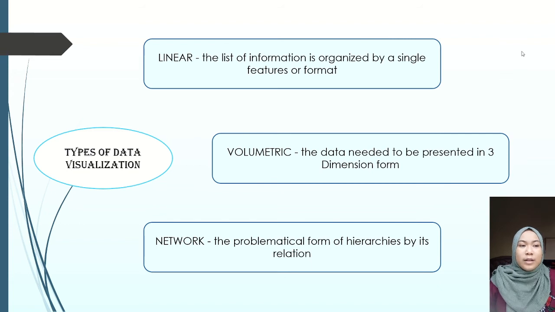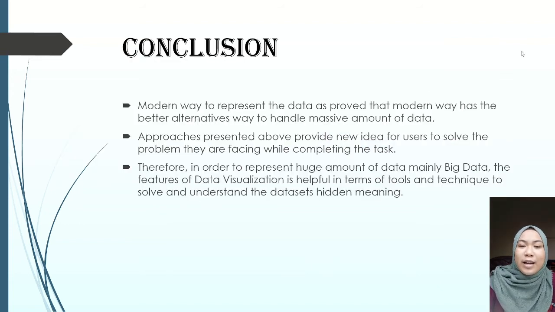Lastly, for the fifth section, I have my conclusion. Updated data visualization is a modern way to represent data, and it is proof that the modern way is a better alternative to handle this massive amount of data, which is suitable for big data analytics.